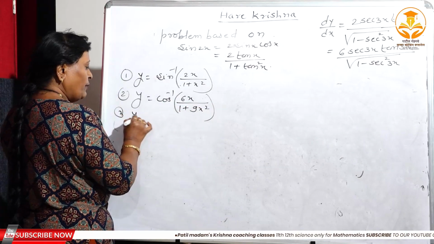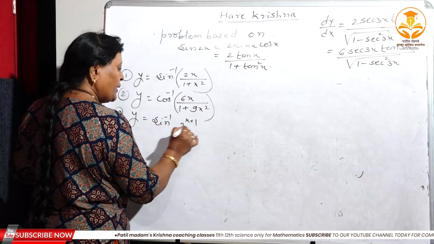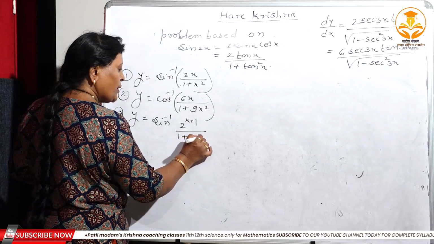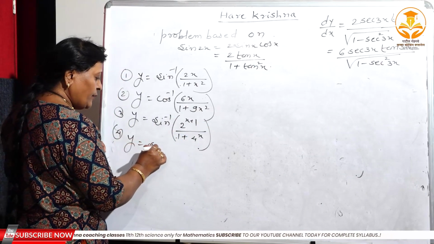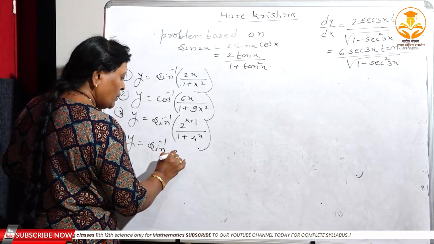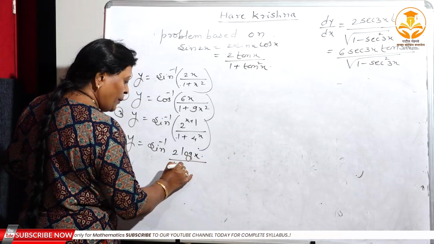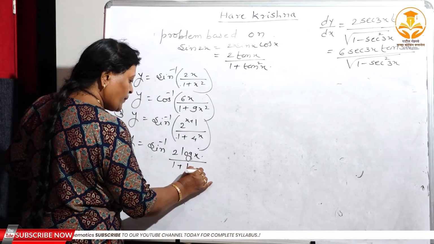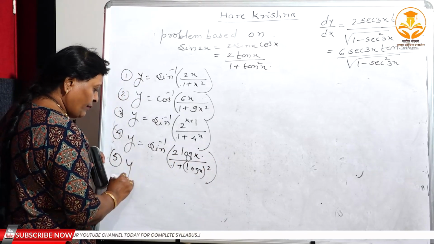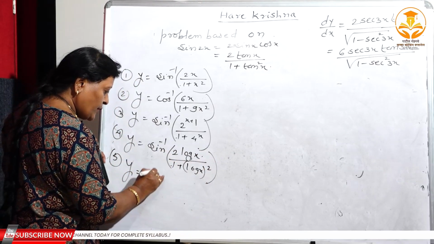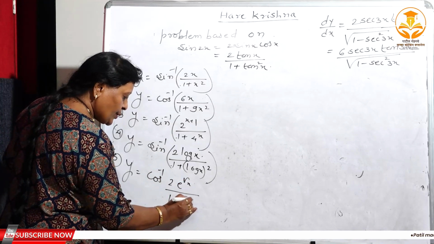Third one, y is equal to sine inverse 2 raised to x plus 1 divided by 1 plus 4 raised to x. Fourth one, y is equal to sine inverse 2 log x divided by 1 plus log x whole square. Fifth one, y is equal to cos inverse 2 e raised to root x divided by 1 plus e raised to 2 root x.